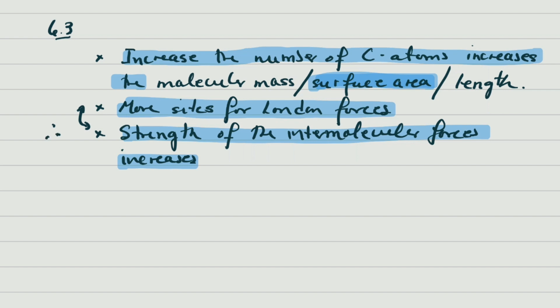Now you need to know that this is for any of the three compounds. Each of them will have London forces apart from a special type of force in the alcohol and the aldehyde. So the London forces is the one that is affected when you change the surface area of the compound. The London forces is the one that is going to be affected because of the surface area.